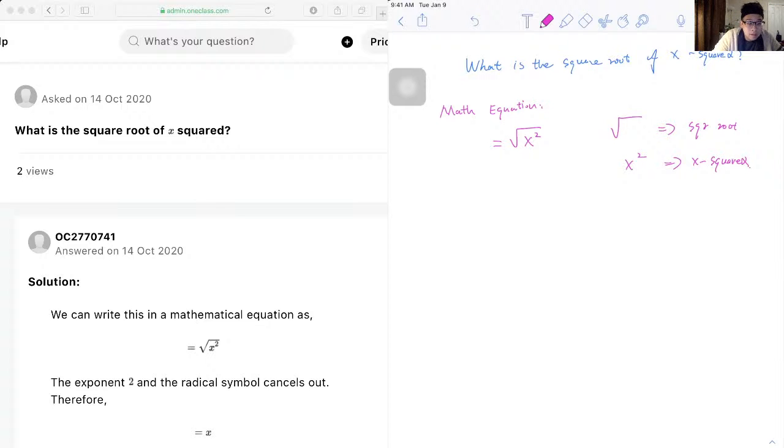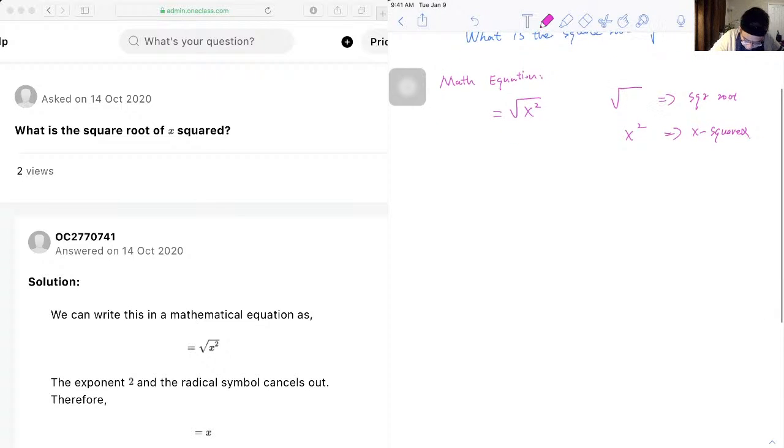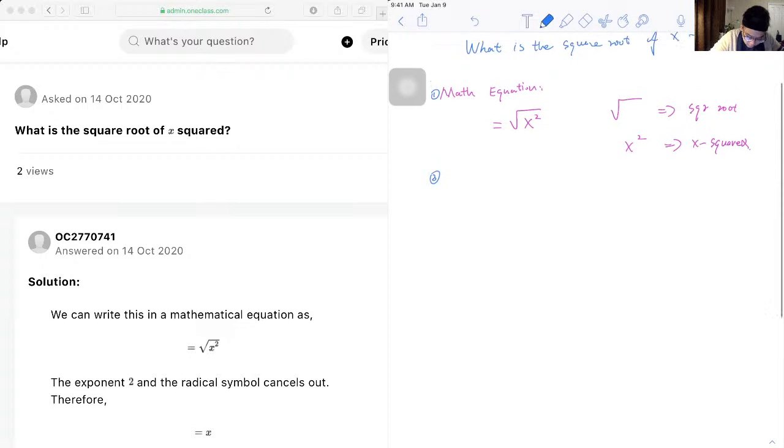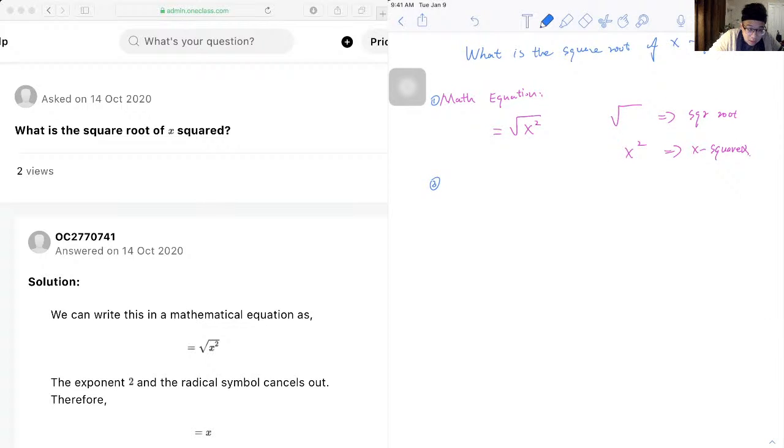Second, we know that the exponent 2 and the radical symbol cancel out.